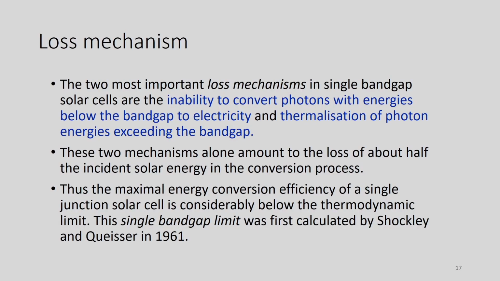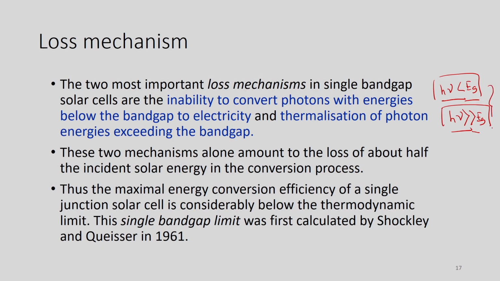As you can understand, if this h nu is less than Eg, that is the band gap energy, we cannot excite electrons from the valence band to the conduction band, and if this h nu is much more than Eg, then what will happen? Energy will escape, and then a heating effect will be there.